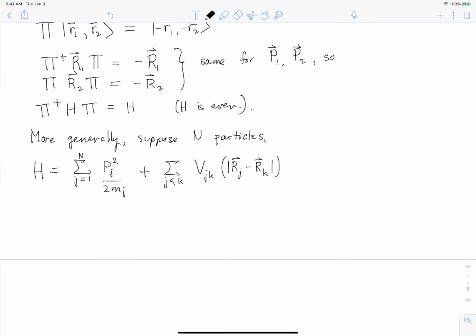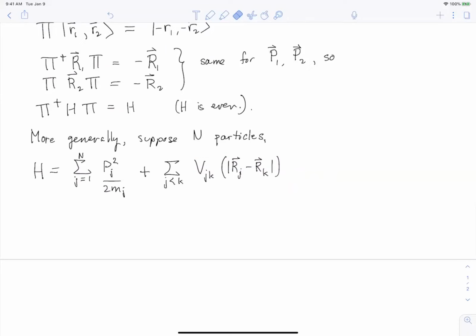The reason I don't sum over j larger than k is that would be redundant. Once I'm considering every pair of particles, I can write down what the potential is between them, their energy of interaction, and then I don't need to repeat it for j greater than k because it would just be another contribution to that same interaction energy.